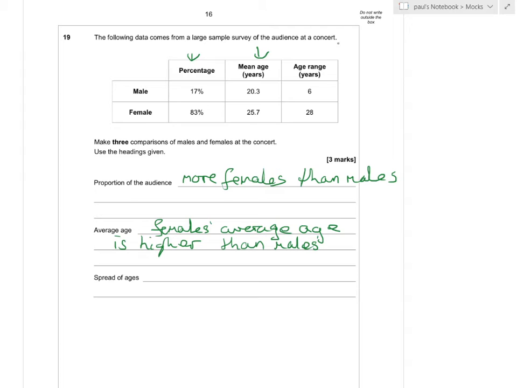The spread is the range, right? Well, let's do it from a male perspective. Males spread is smaller than females. All you're having to do there is link up these 3 words with the correct columns in the table.